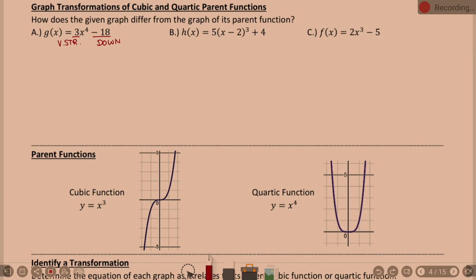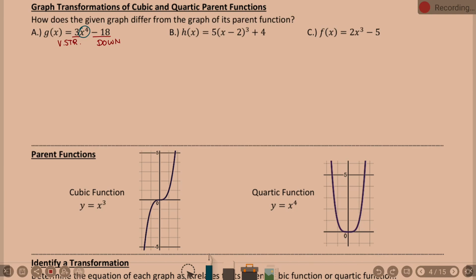Now, tell me, what's the parent function here? Y equals x to the 4th. So I'm going to put this in relation to my parent function, that it's the graph of y equals x to the 4th, and what's done to it.